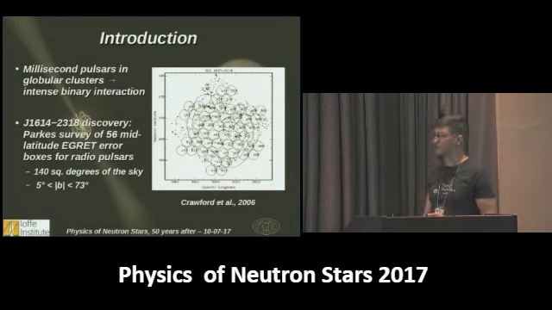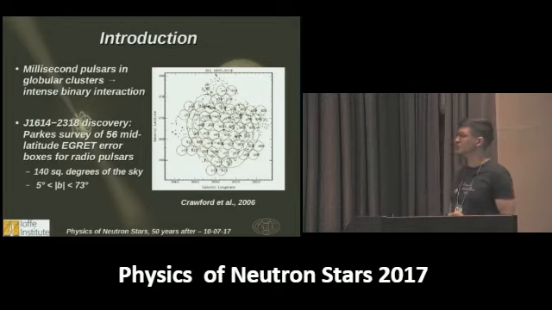I'll come to this point later, but this survey was made at L band, at 1.4 gigahertz, and used the single 4-pointing tessellation pattern that covered the 95% confidence region of each of the EGRET error boxes. It covered in total 140 square degrees of the sky at moderate galactic latitudes, above 5 degrees.